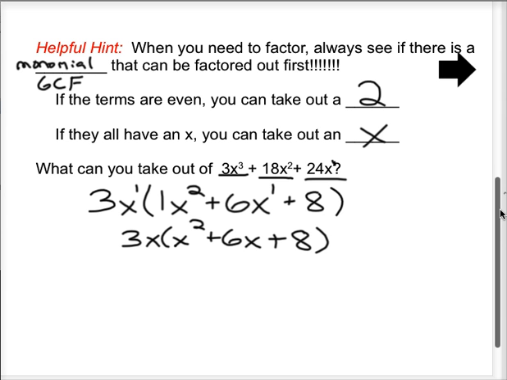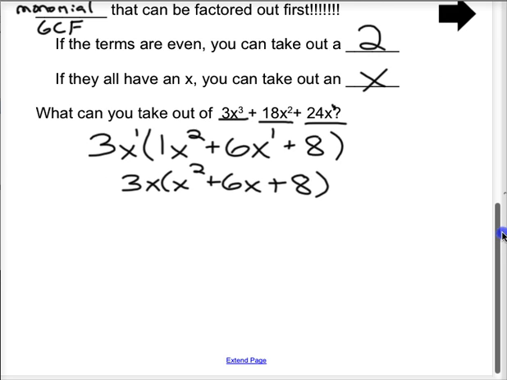Now, the cool thing is when we get to that point, now that we've factored out that 3x, this is completely factorable. That's something that'll be much easier for us to factor now. If you notice, factoring that quadratic, that is what we've been doing these past sections, all right?